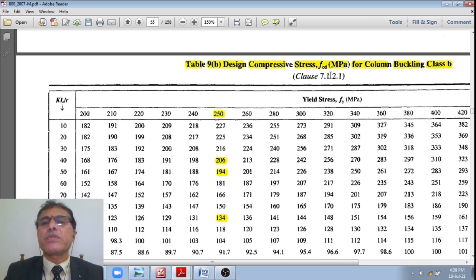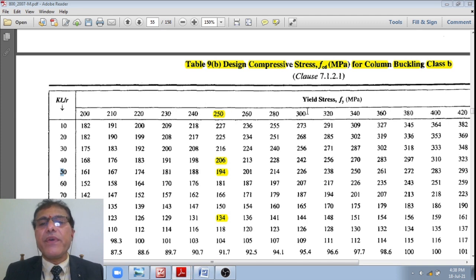The design compressive stress fcd in MPa, Newton per mm square, for column buckling class B. Because about the minor axis, it is column buckling class B. We know the slenderness ratio is 40 and 50. For slenderness ratio 40, the fcd value is 206, and for lambda equal to 50, it is 194.